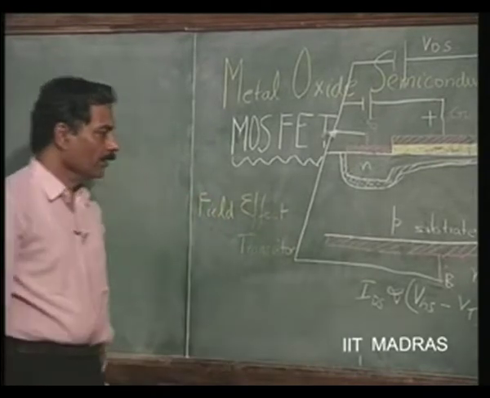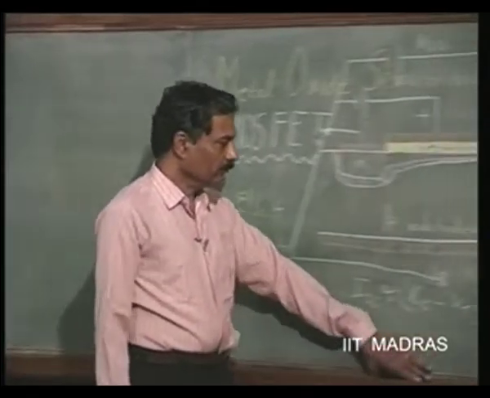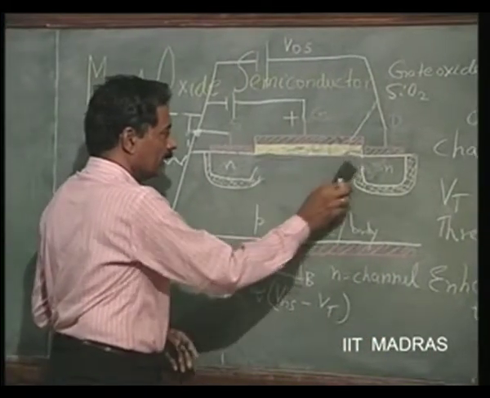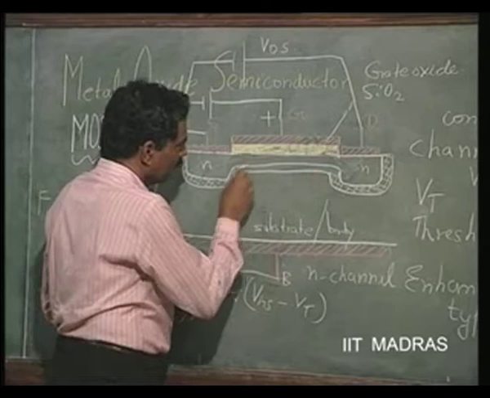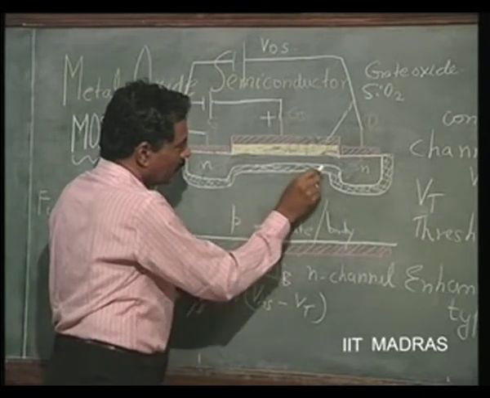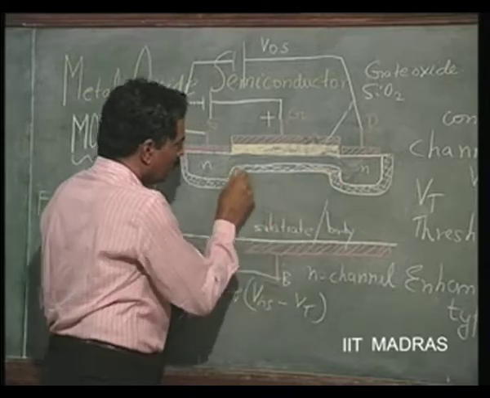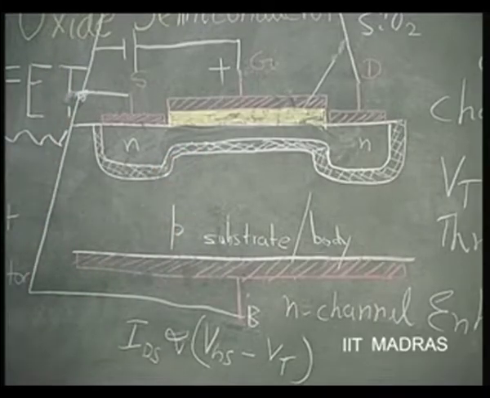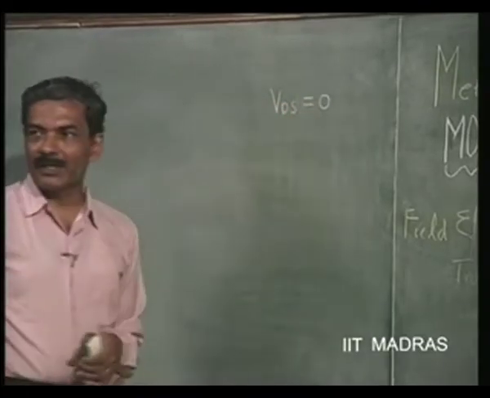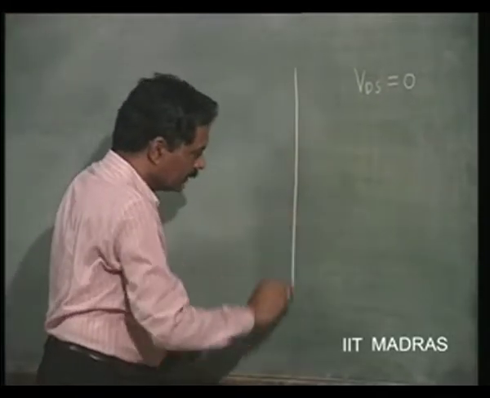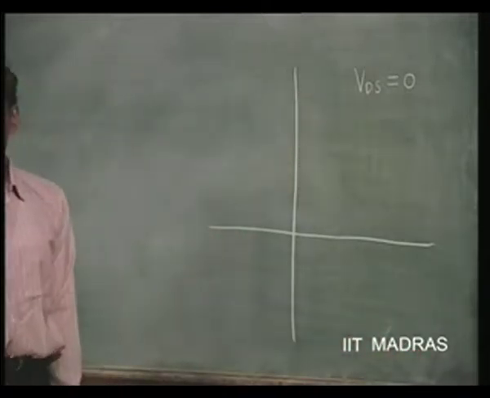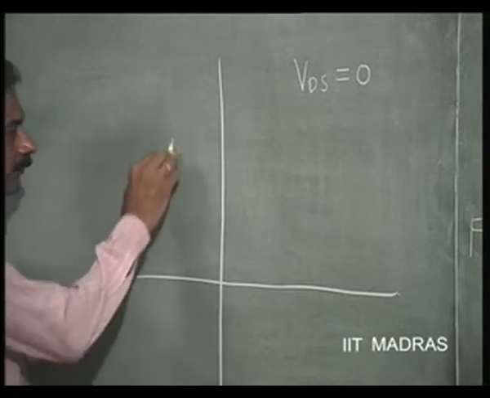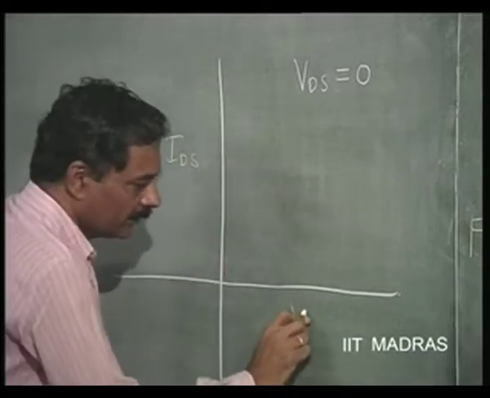Now, let us see what happens. Initially, I have applied a substantial voltage as VGS. Let us consider when VDS was equal to 0 or very close to 0. Let us picturize this. When VDS was 0, we have IDS versus VDS.